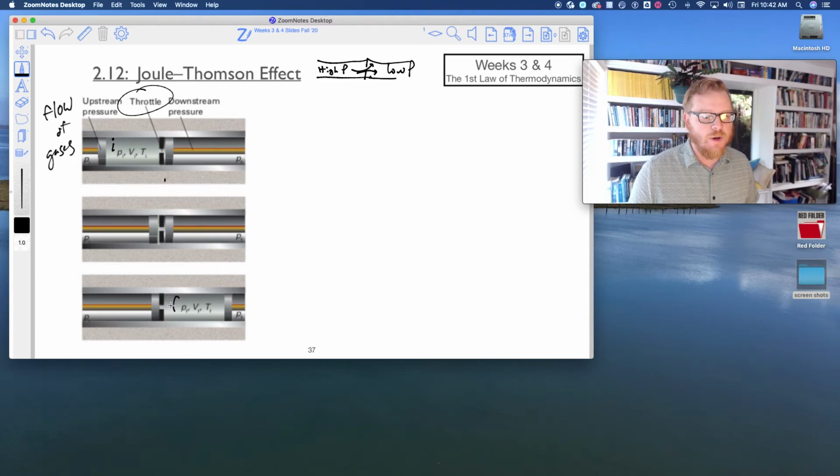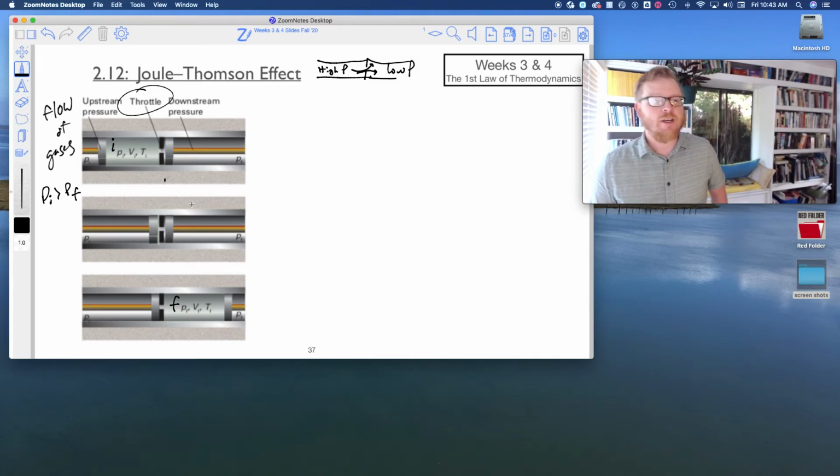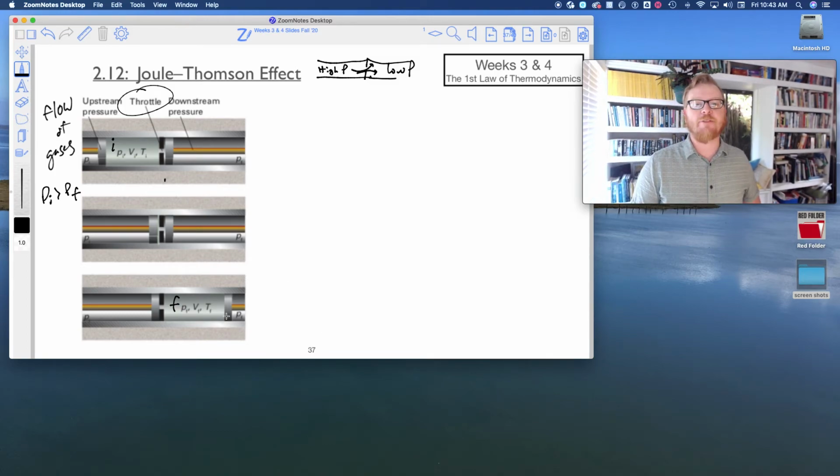All I want to take note is we have some initial condition, okay, where Pi is always going to be greater than Pf in this situation. And that's because typically Pf is open. So this other side of the throttle is open to the atmosphere. And because you have this throttle, it limits the flow of gases.